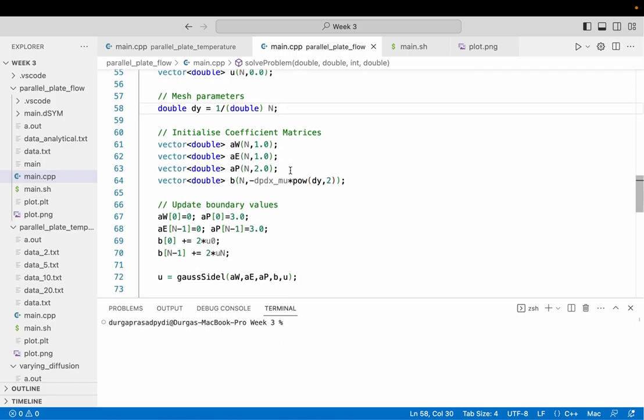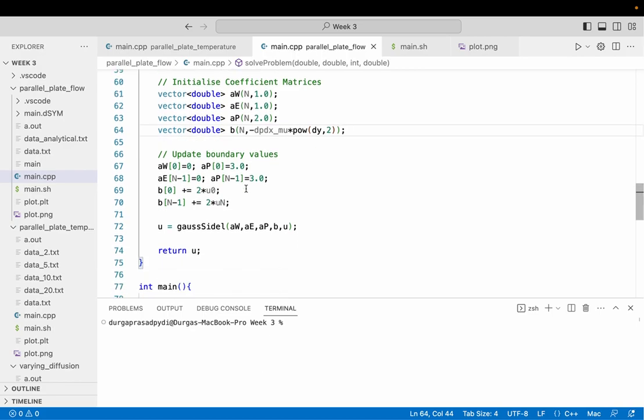And now I have all the coefficients. From our previous equations, the west coefficients are all 1, the east coefficients are also 1, and the coefficient of the center node, the current node, is 2, and this is my b term. These are changed only on the boundaries. For the left boundary, west is 0 because you don't have a cell towards the west, and your ap value is 3.